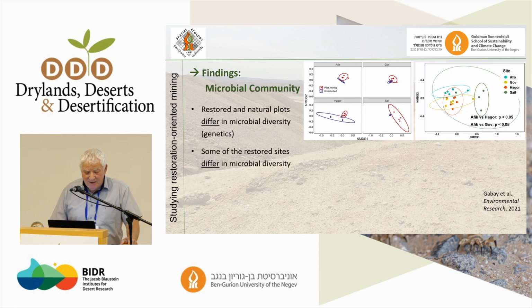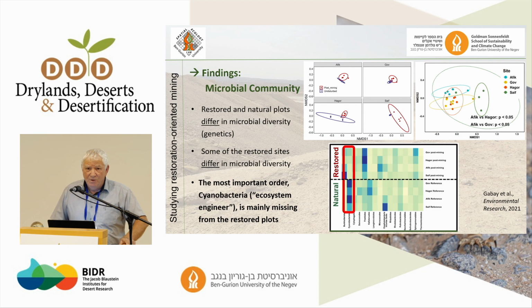Some of the research sites also differ in microbial diversity. In other words, even if we take out the natural ones, the restored sites differ among each other, and that suggests that what we saw about the different soil types, these things talk to each other.